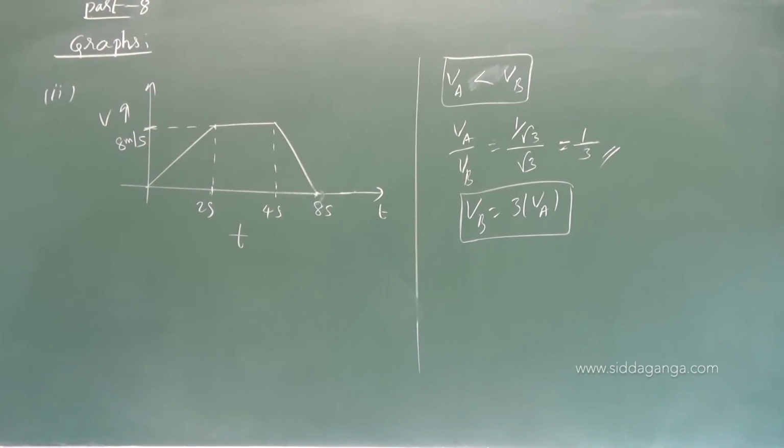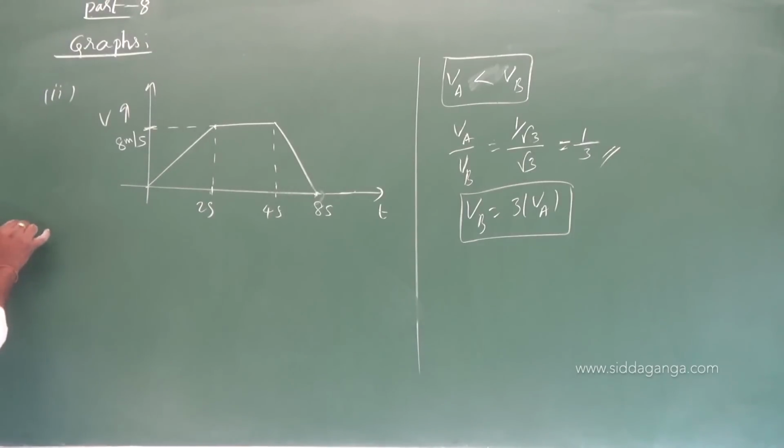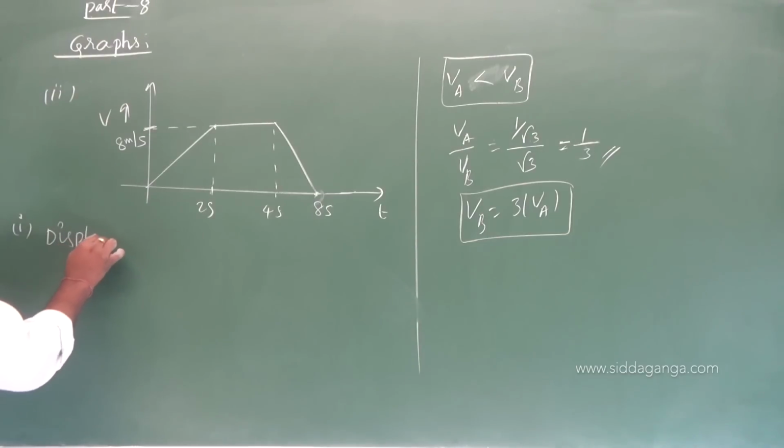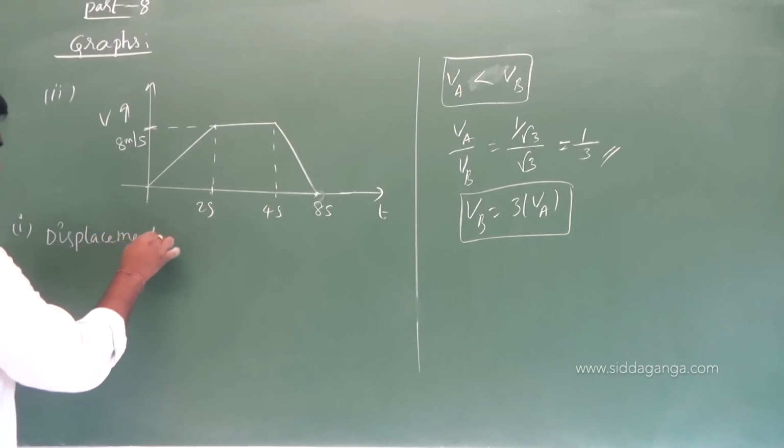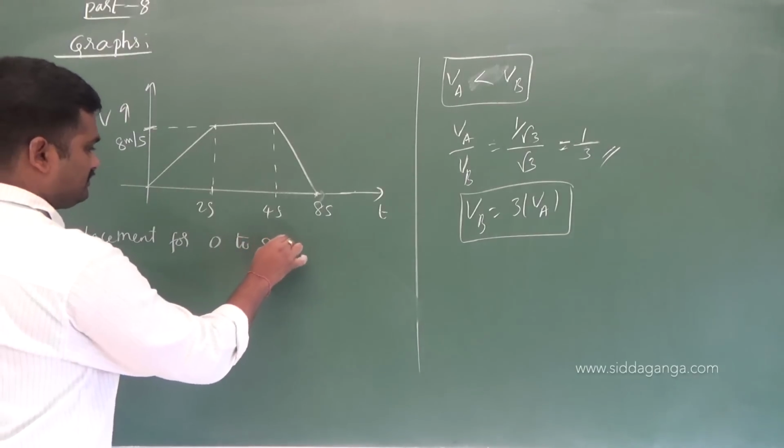Okay, now questions will be like this from this graph. Variation of velocity with time is given. They are asking to find out what? First question is, what is the displacement from 0 to 8 seconds?